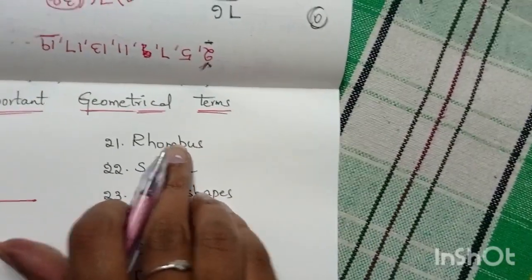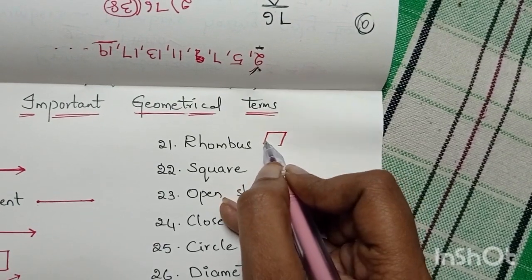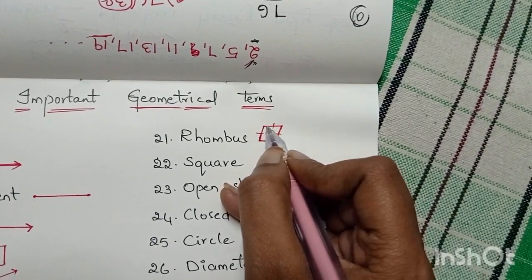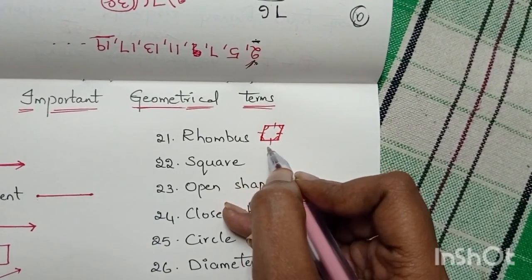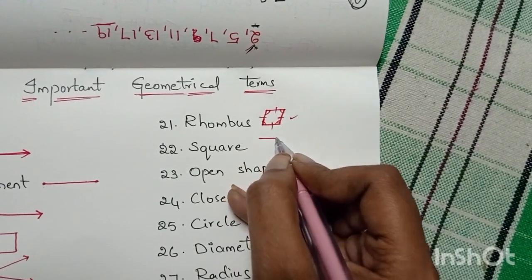And in rhombus, all four sides are equal. All four sides length will be equal, but angles will not be 90 degrees. Angles will be different. Then we call it as a rhombus.